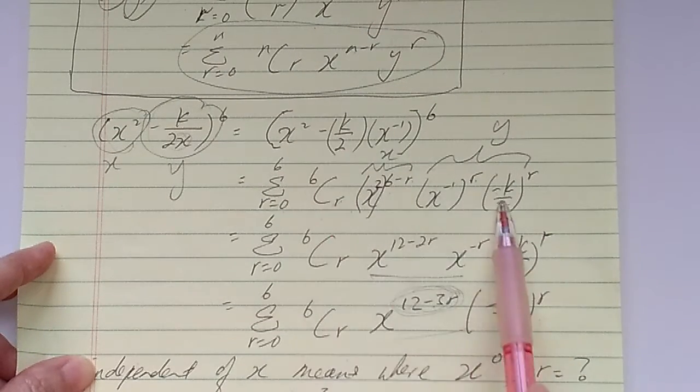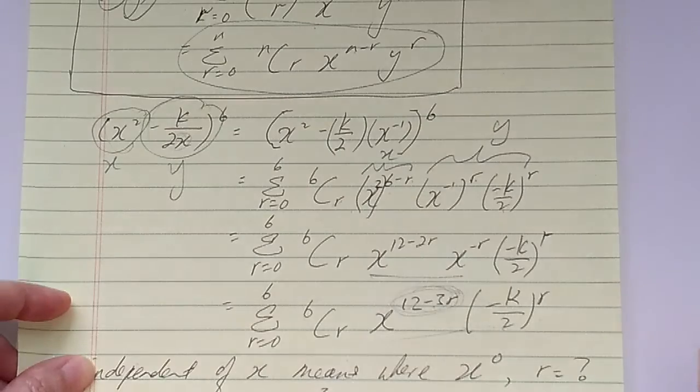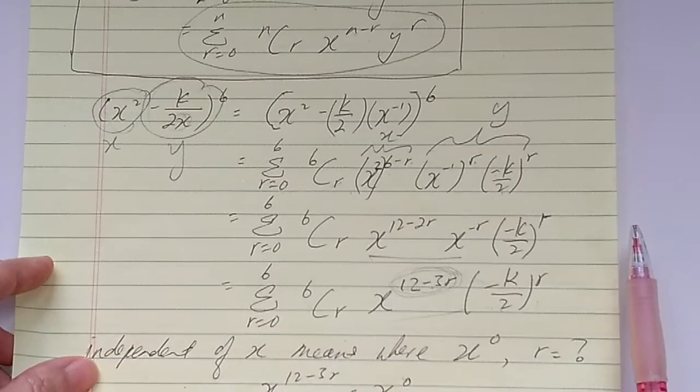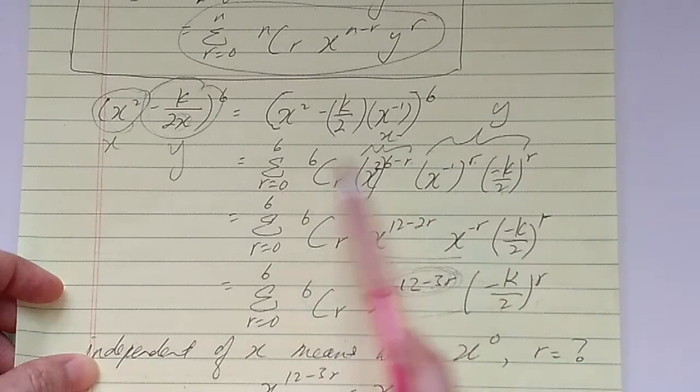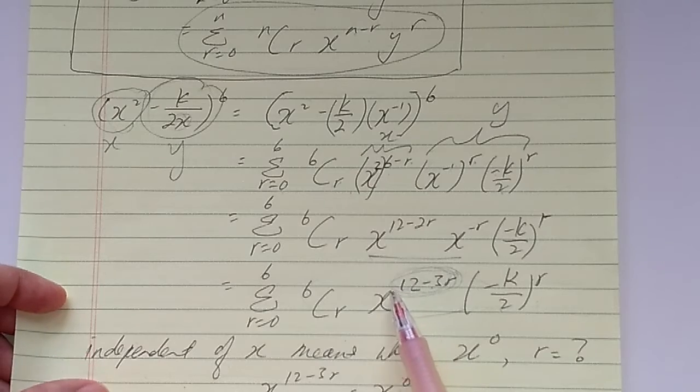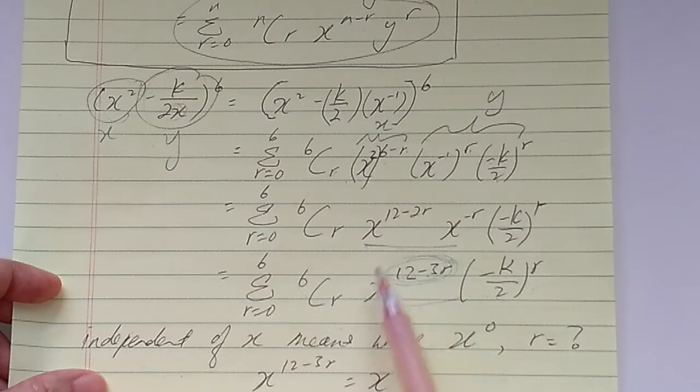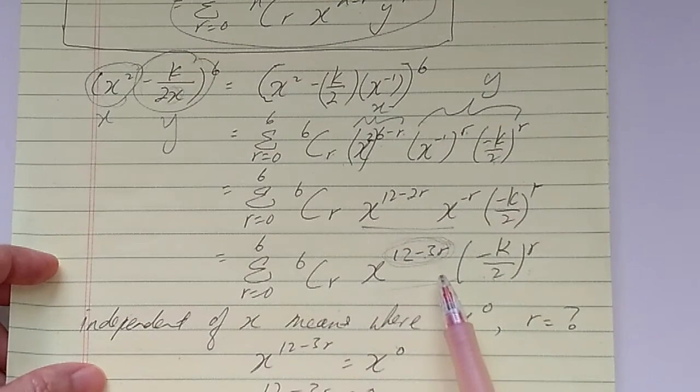Just apply the formula. And the next step, again, tidy up this part and put the two x's together. So we get x to the power 12 minus 3r.